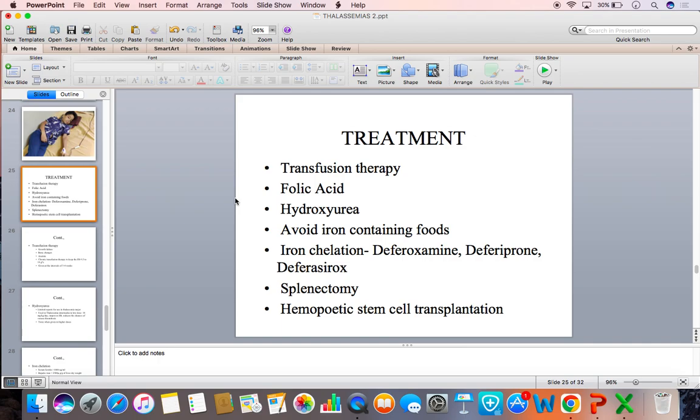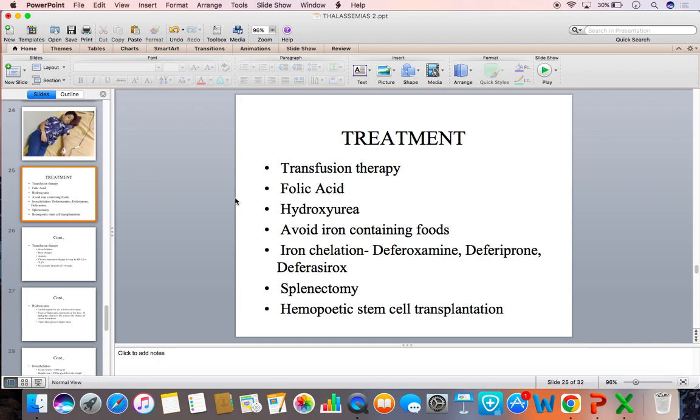And iron chelation therapy. So we have got deferoxamine, deferiprone, and deferasirox. Deferoxamine has good clinical efficacy. It has been used for a long time, given subcutaneously. And deferasirox is used for cardiac hemosiderosis.